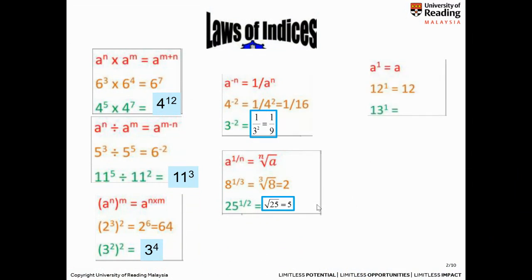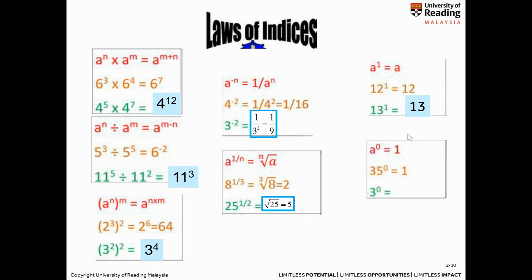and this is a special property of the law of indices, a to the power 1, we normally do not write down the power 1, we just write down a. So same thing for 12 to the power 1, we simply write down 12. 13 to the power 1, we simply write down 13, that's all.